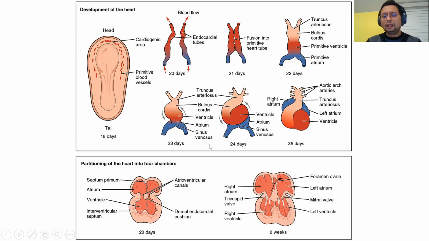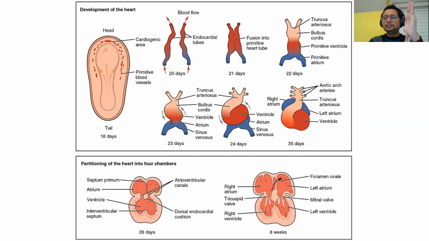All right. Now, you can see the truncus arteriosus, the bulbus cordis, the ventricle, the atrium, the sinus venosus. What happens is at first you have a tube that is straight like this. This is your truncus arteriosus, and at the bottom here is your sinus venosus. But the ventricle will loop.